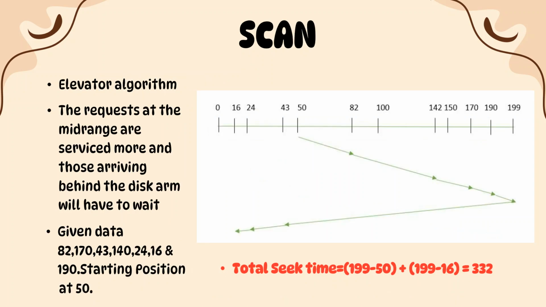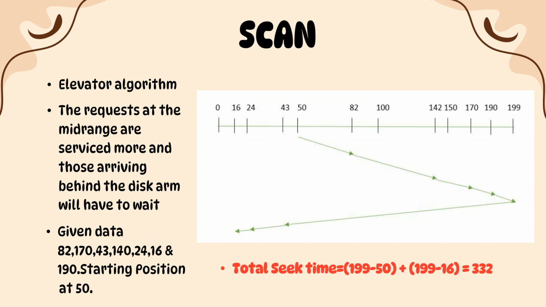The next one is the scan scheduling algorithm. Scan is sometimes called the elevator algorithm. The scan algorithm is very simple because the disk arm starts at one end of the disk and moves towards the other end of the disk.